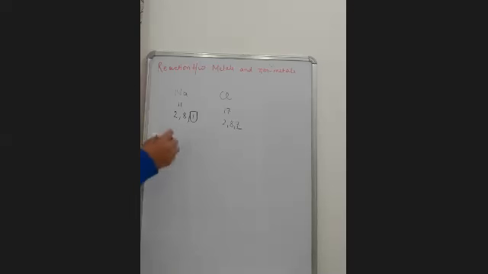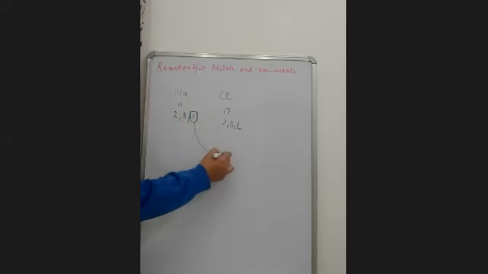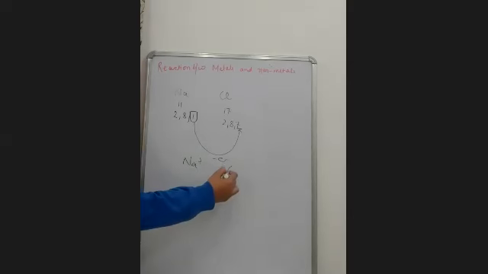So sodium loses its 1 electron and transfers it to chlorine. After losing that electron, sodium becomes Na positive and chlorine after gaining the electron becomes Cl negative.